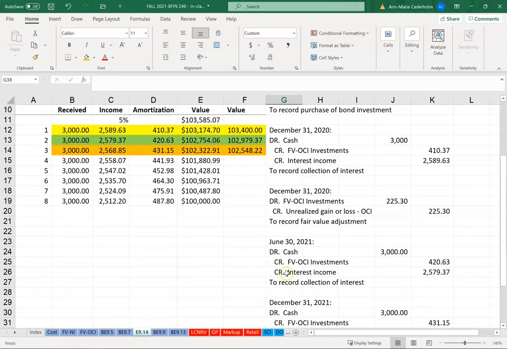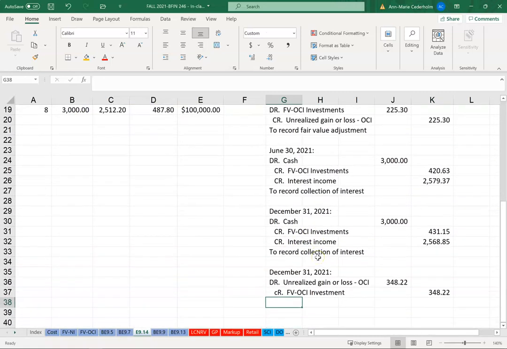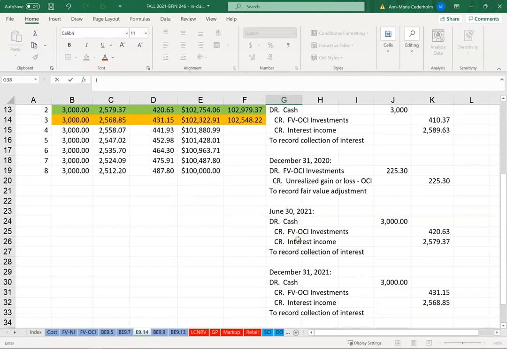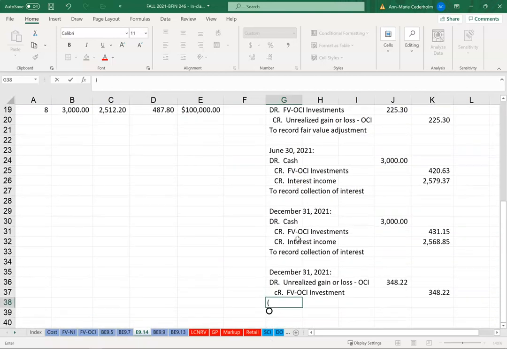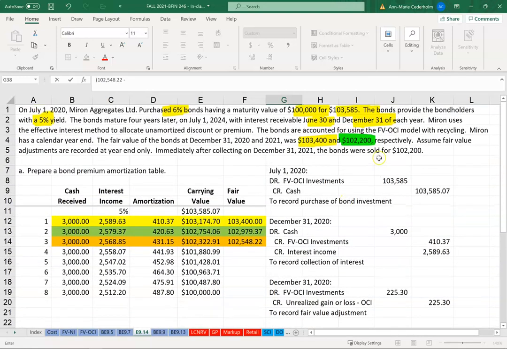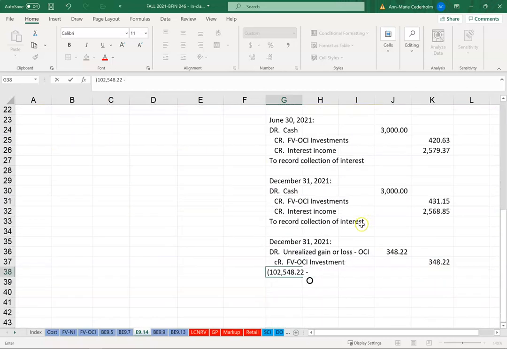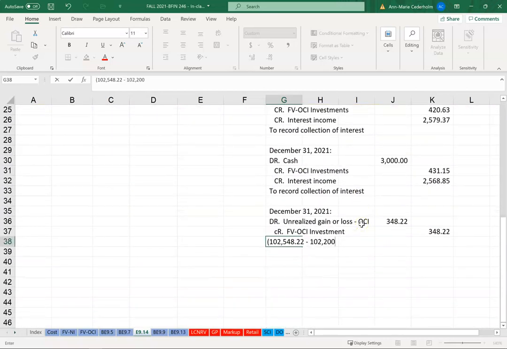So again, I'll show you that amount. So that number was 102,548.22 minus, there's the fair value adjustment, 102,200.